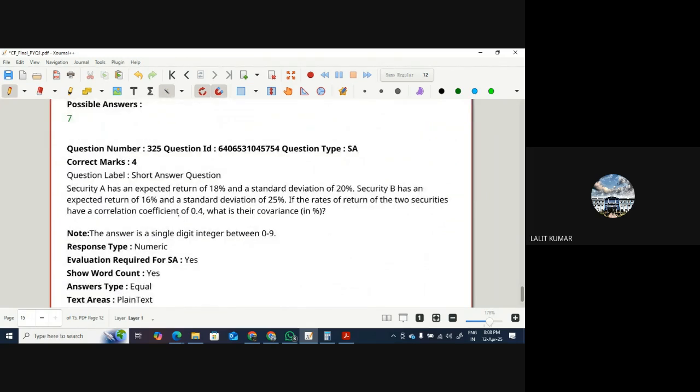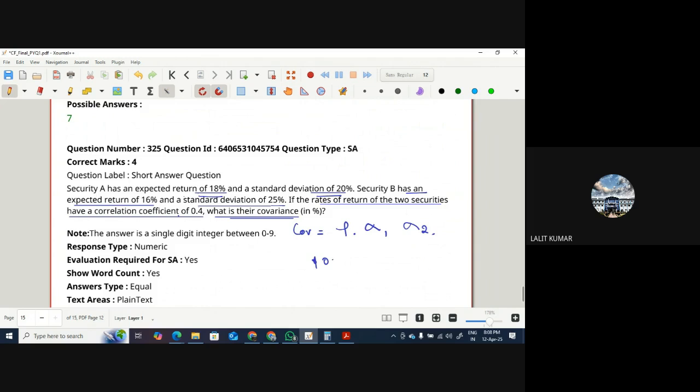Next, security A has an expected return of 18%, standard deviation is 20%. Security B has an expected rate of return 16%, standard deviation 45%. If the rates of return of these two securities have a correlation coefficient of 0.4, what is their covariance? So the covariance formula is correlation coefficient into sigma 1 into sigma 2.